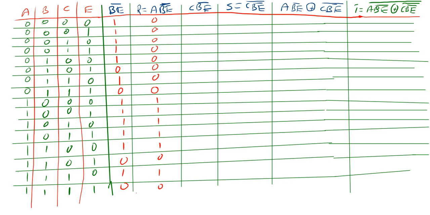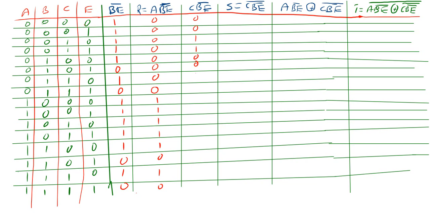Then after that, the next column is the input C multiplied with the BE. So we are going to get C and we multiply again with what we have gotten in BE complement. And when you do that, you'll get 0, 0. We have 1, 1. We have 0, 0.